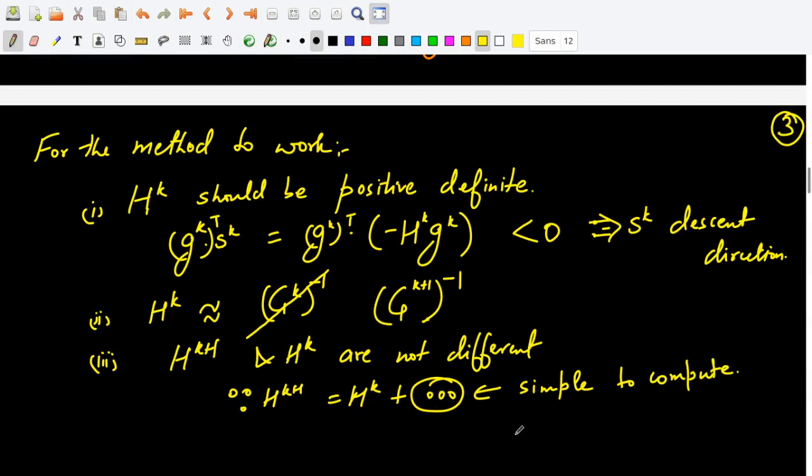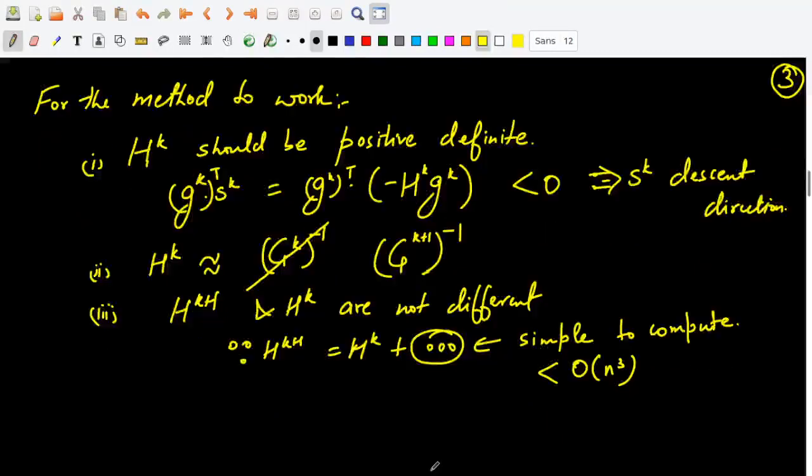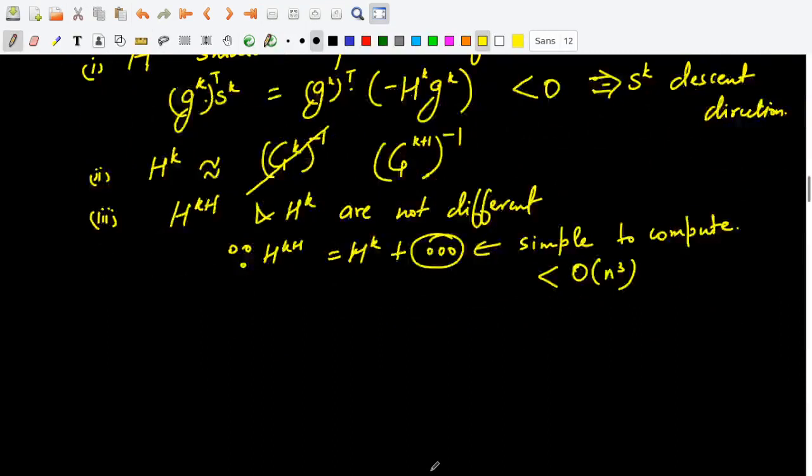Ideally we want to do it in less than order n cube, to keep it fast. Something like n square number of operations would be acceptable.